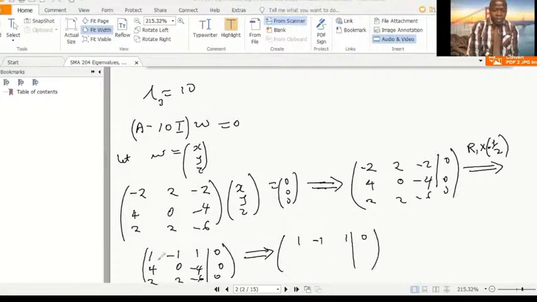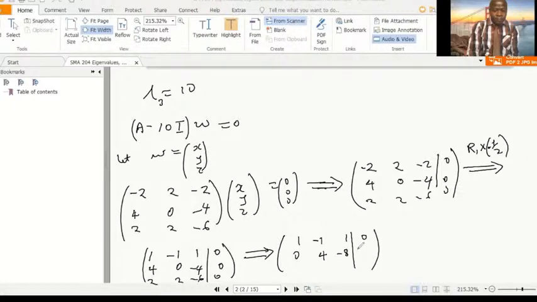But use row 1 to create a 0 here and a 0. That means row 1 times 4, subtract from row 2, get a 0 here. This by 4, subtract from that, there are 4. And this by 4, and subtract from this, there were negative 8, and a 0.